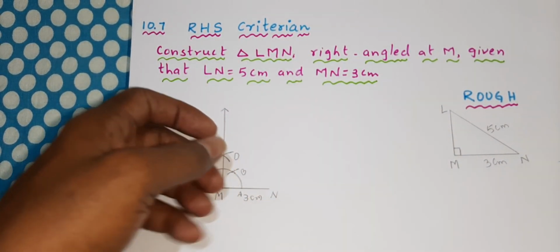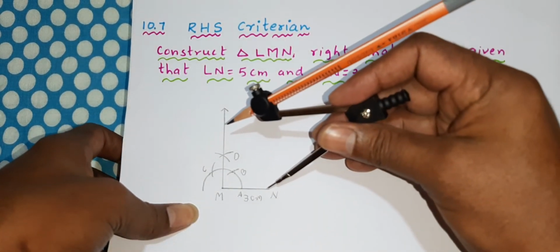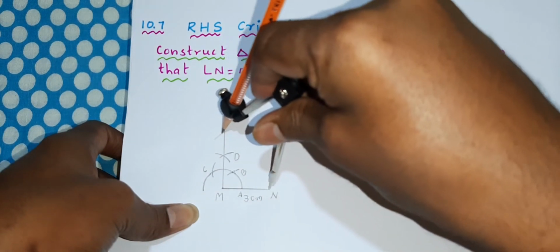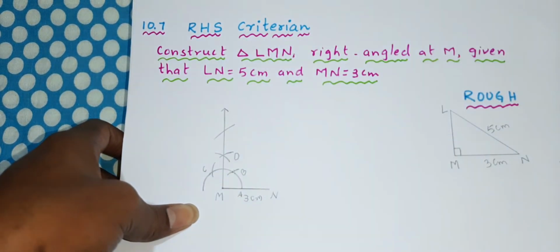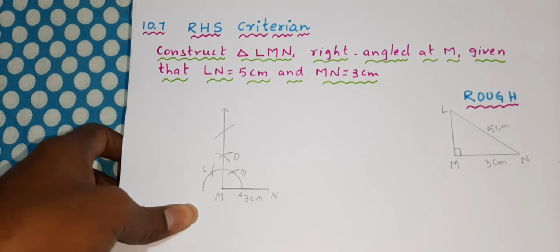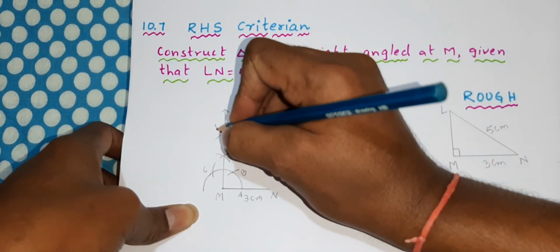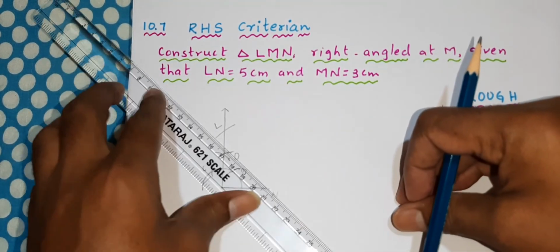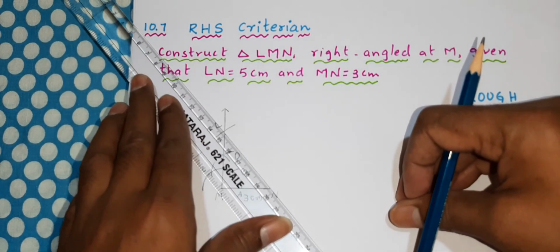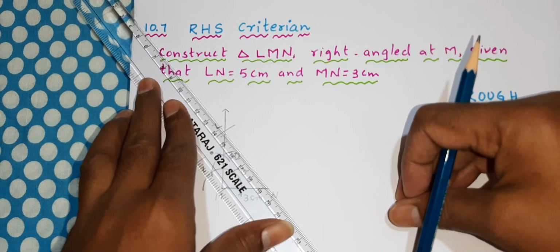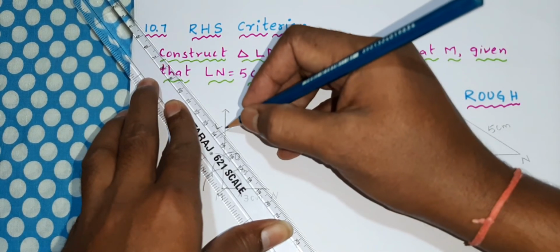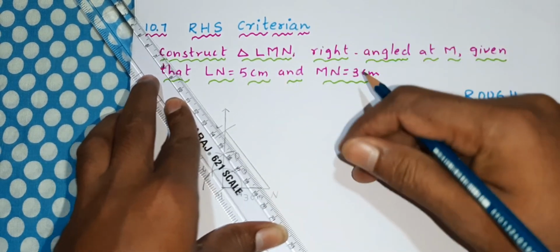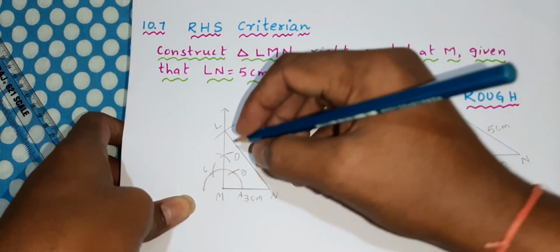Now take center as N. By taking center as N, we can cut that ray at one point. So that is vertex L here. This is L. Now join LN. Just join LN. You will get the required construction. This is 5 centimeter. Clear, children?